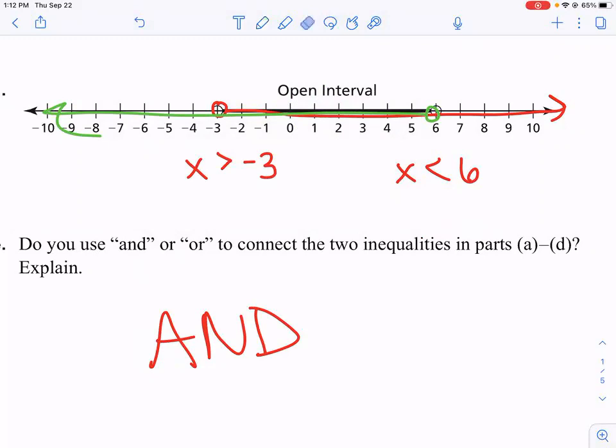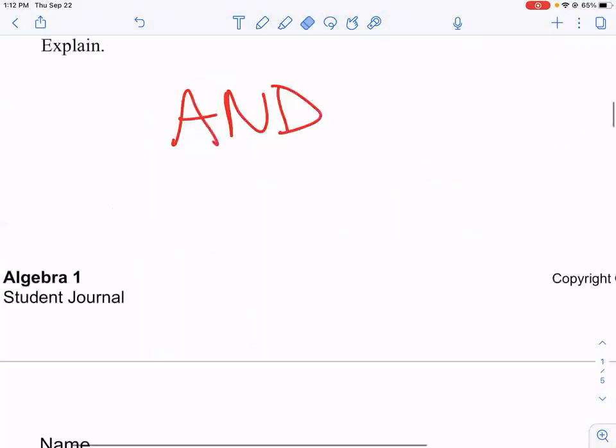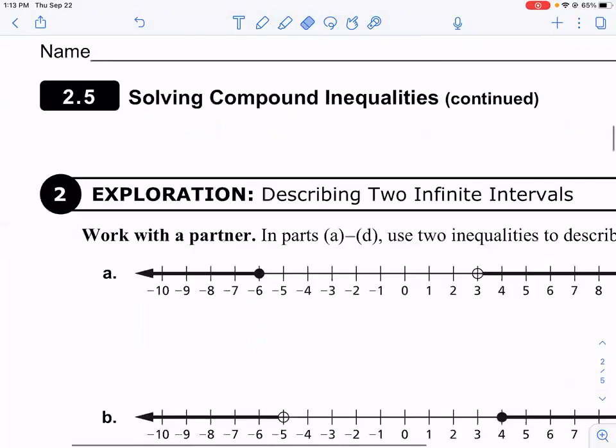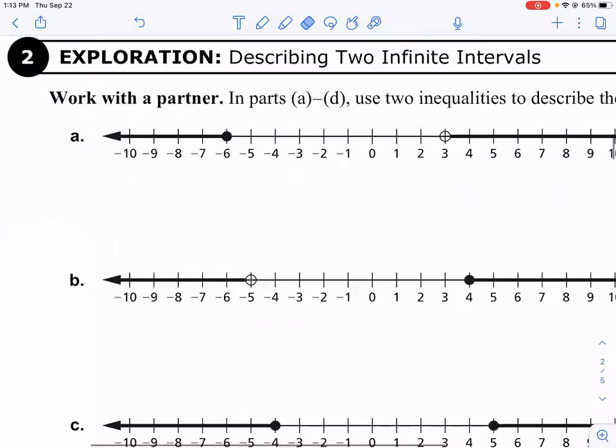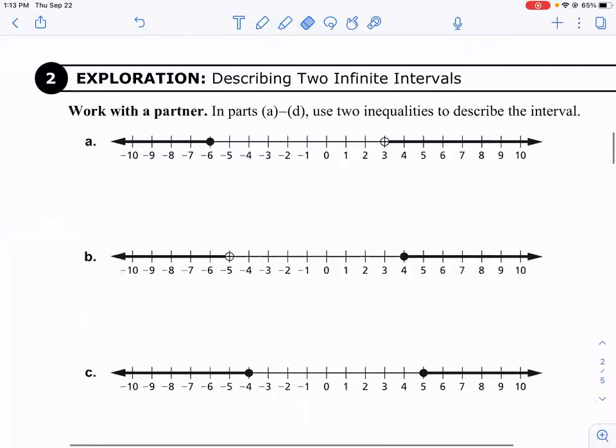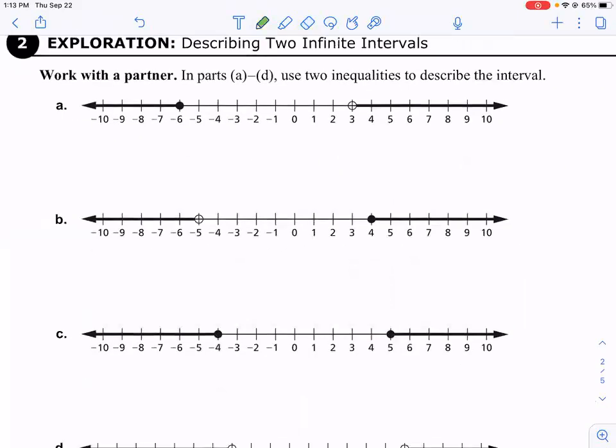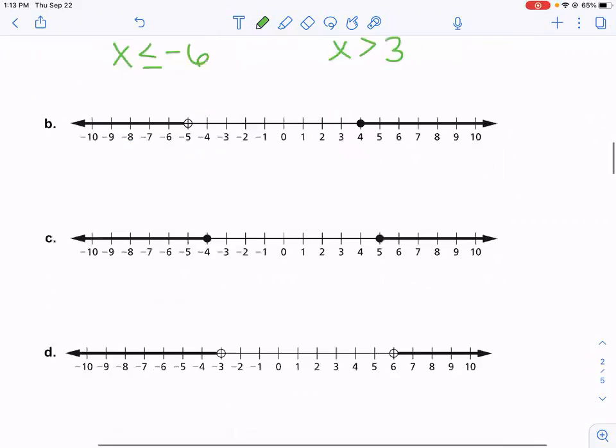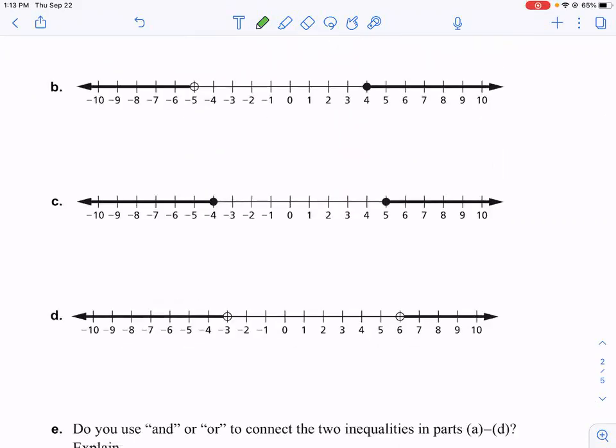Okay. Now over here on the second page, our inequalities were going the other way. So Preston, help me out. How do you describe this inequality right here? And right over here. Okay, good. Letter B, Reagan, how would you describe these two? x is less than -5. Okay.